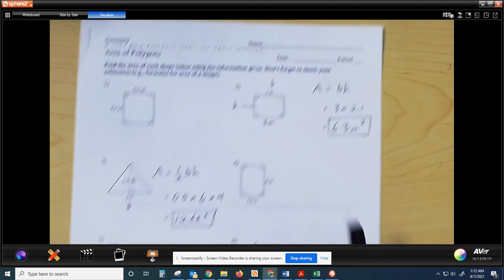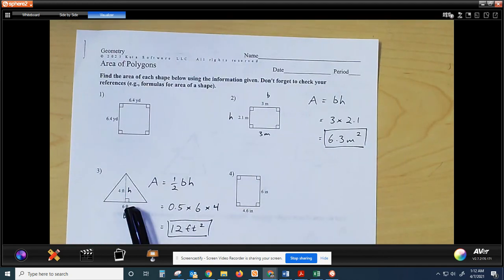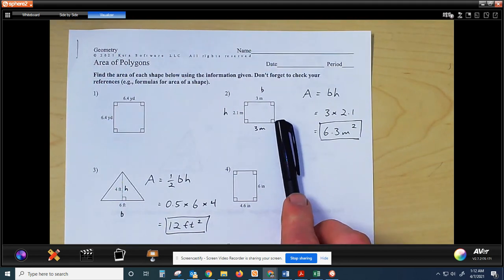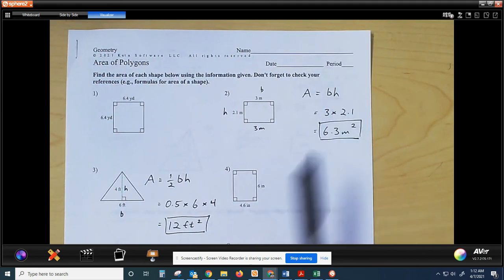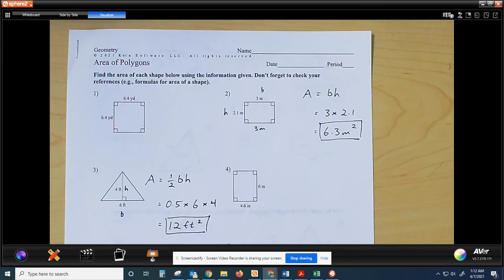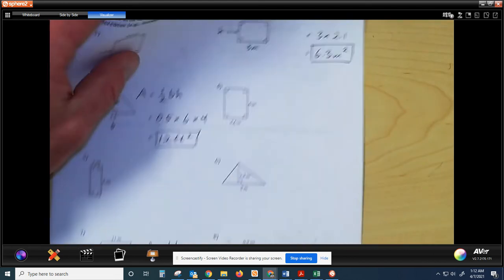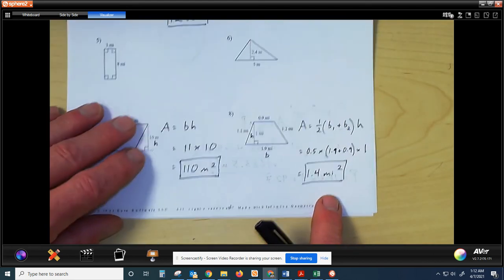We started off with some of the shapes you may have remembered from your past. Rectangle, parallelogram, square all have a base times height. Triangles is 1/2 base times height. We got into some shapes we haven't seen for a minute. The parallelograms and the trapezoids with examples.